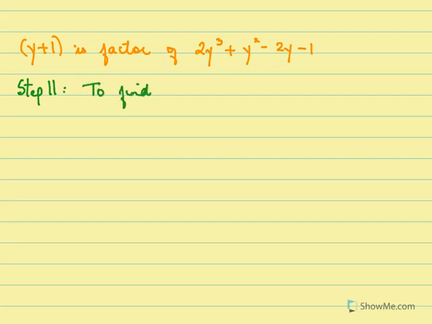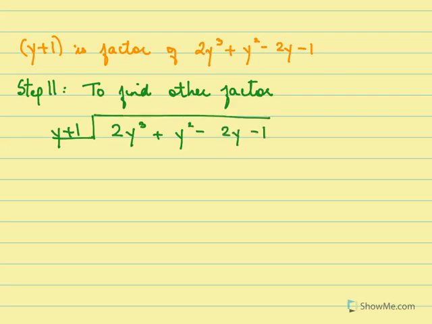To find the other factor, we have to divide the polynomial by y plus 1. So 2y cube plus y square minus 2y minus 1, and you need to divide.